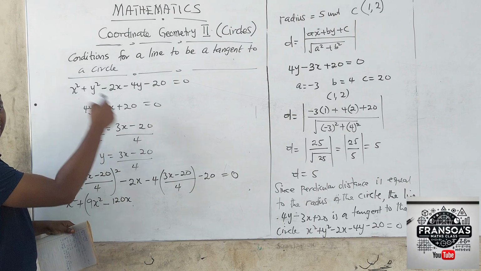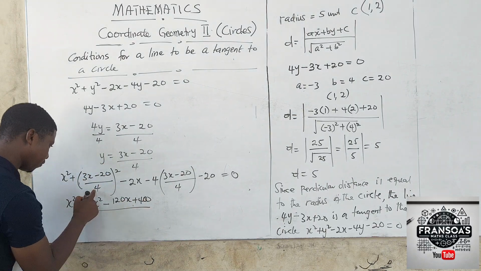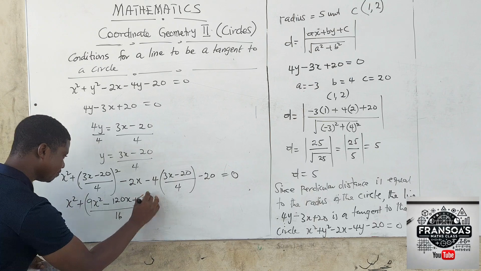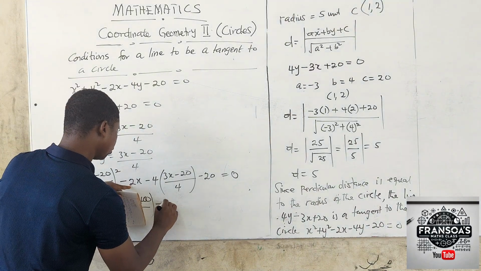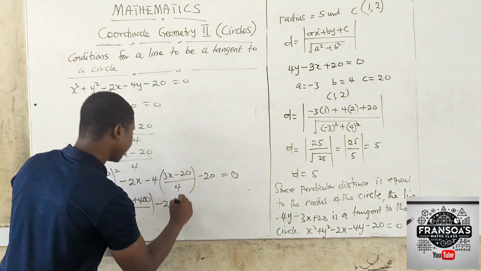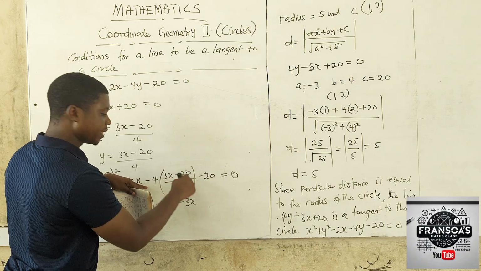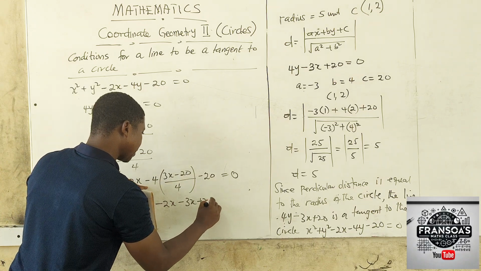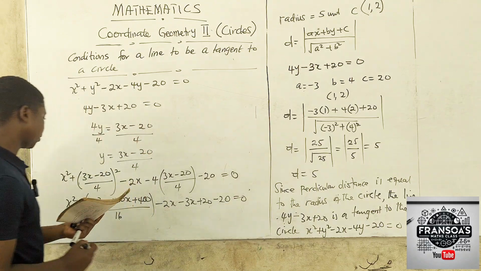Then negative 20 multiplying itself will give plus 400, all over 4 squared, which is 16. Minus 2x. Then this 4 will cancel this 4, so we get minus 3x. Negative makes this one positive, plus 20, minus 20, equal to 0.